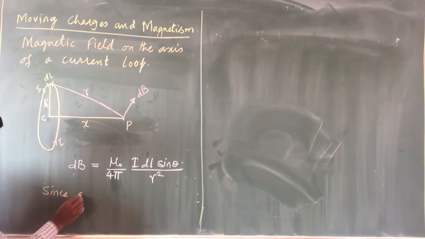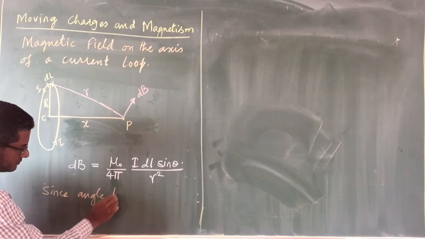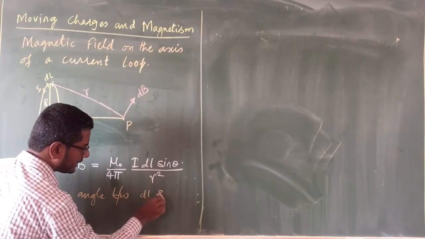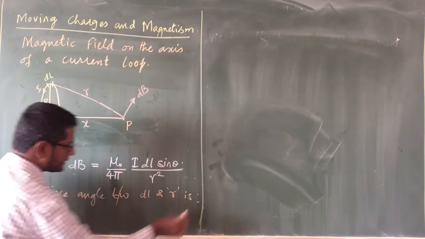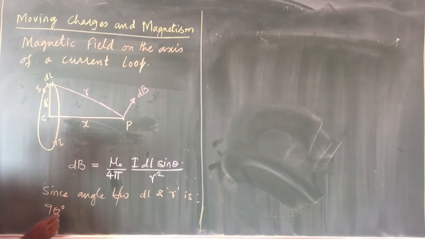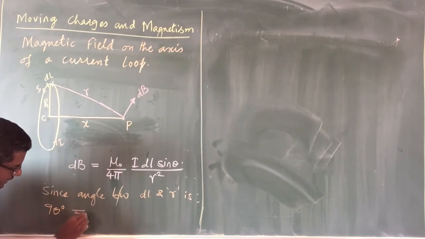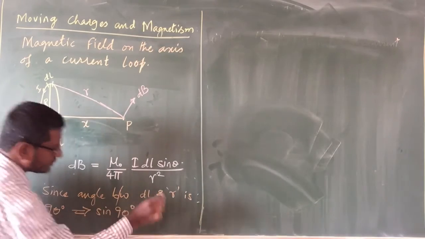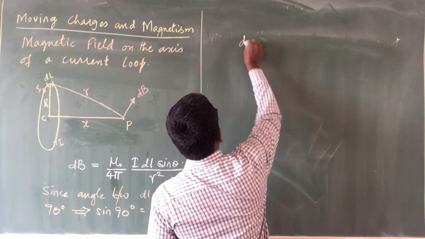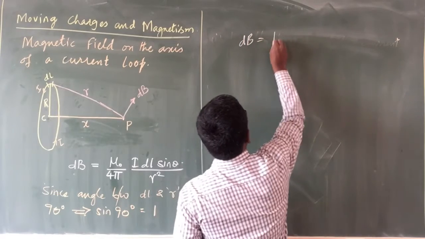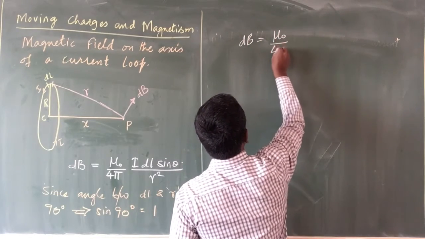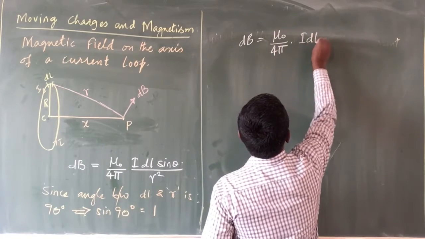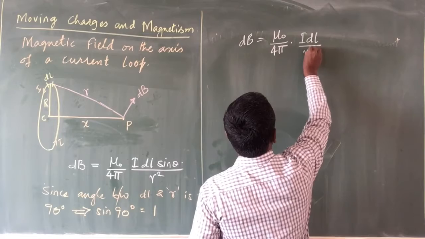Since the angle between dl and r is 90 degrees, this implies sine of 90 degrees is equal to 1. That is, dB equals mu naught by 4 pi into I dl divided by r square.